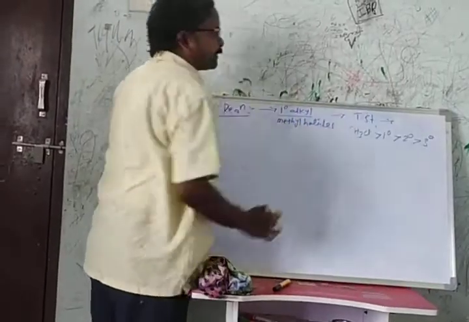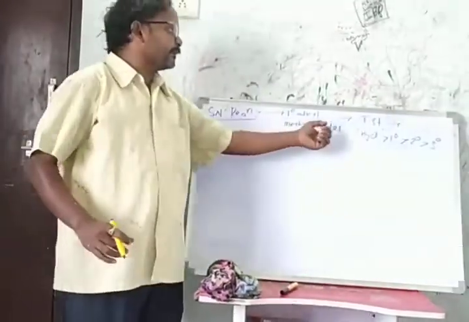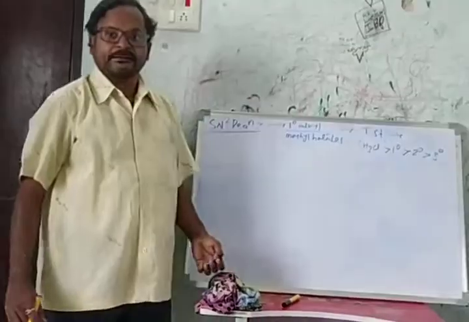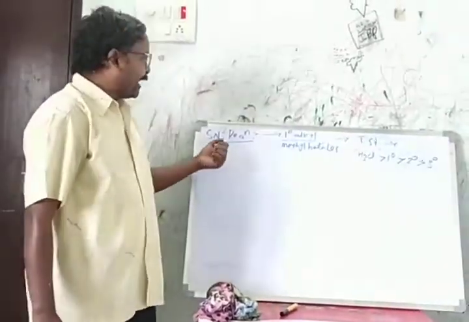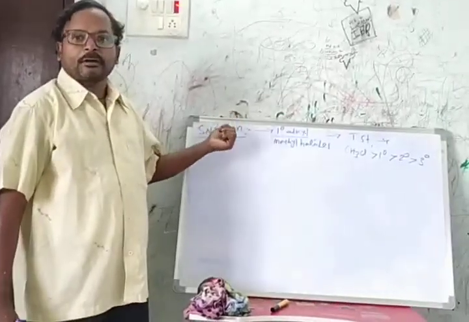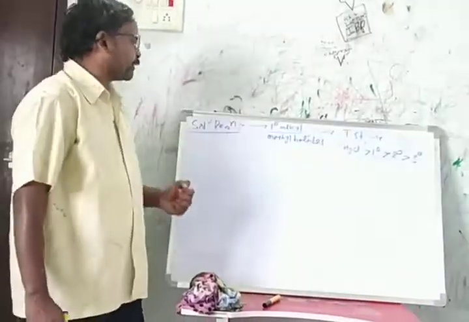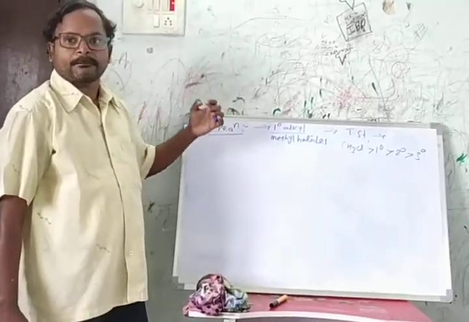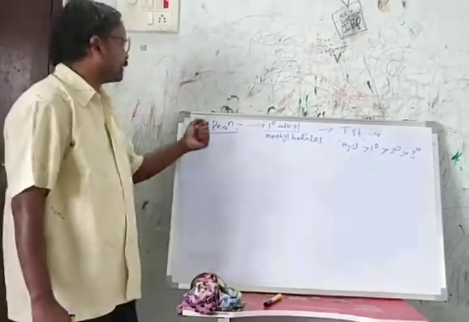Here the transition state, the penta-coordinated transition state, is unstable. And non-polar solvents are mainly suitable for the SN2 reaction.